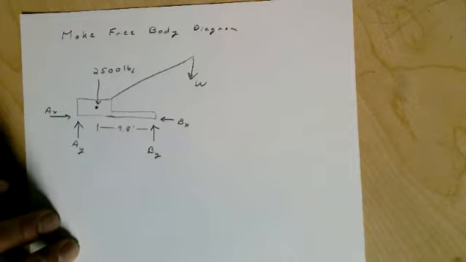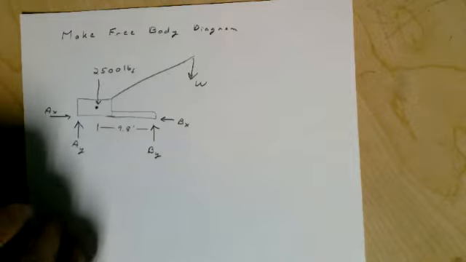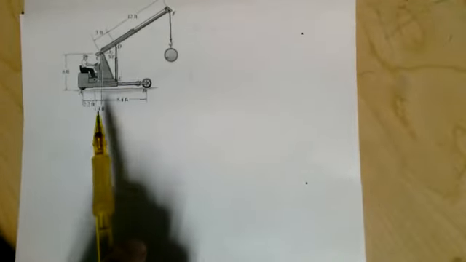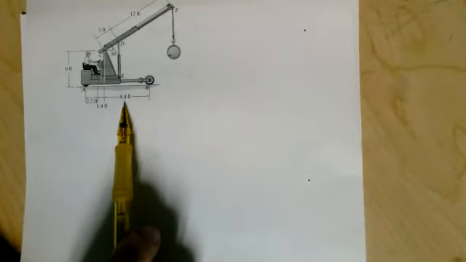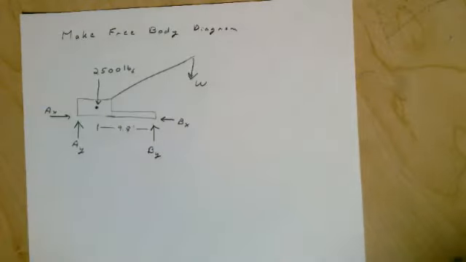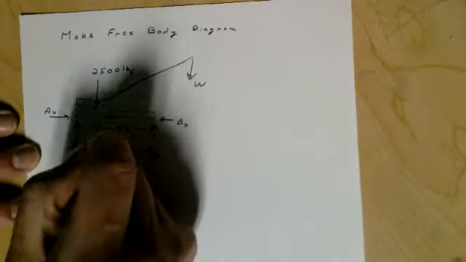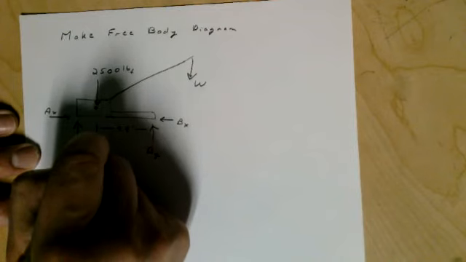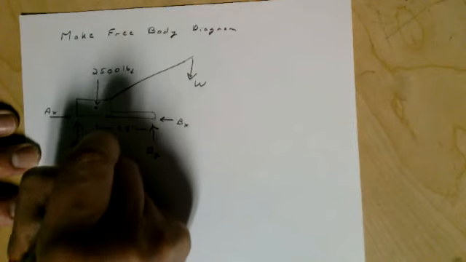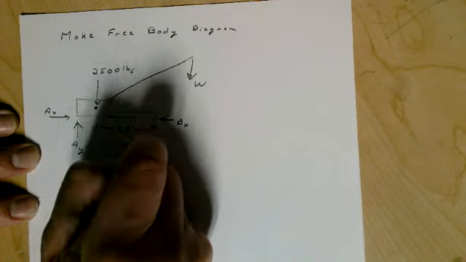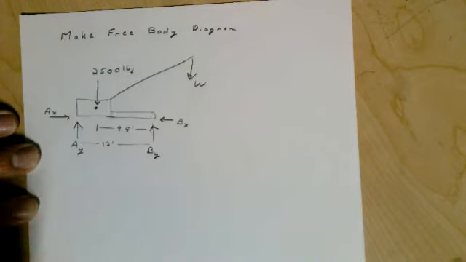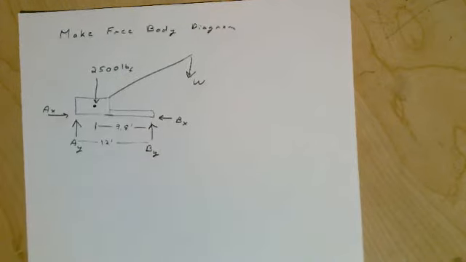And then we're also going to need the distance from B to A. That's going to be 8.4, 1.4, and 2.2, and that comes out to be an even 12 feet.